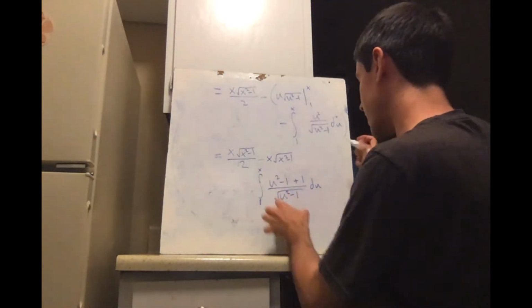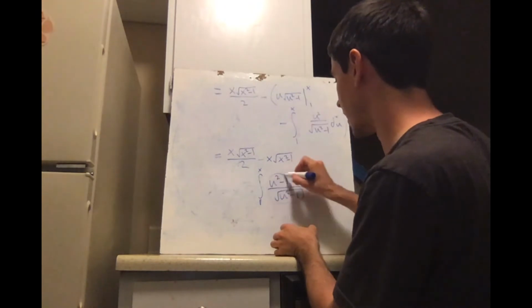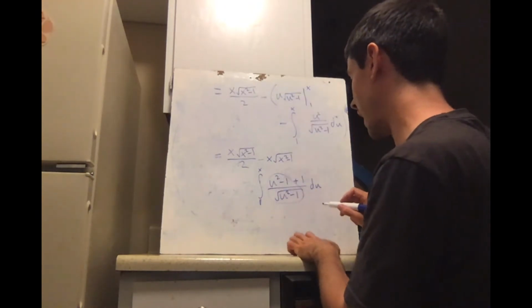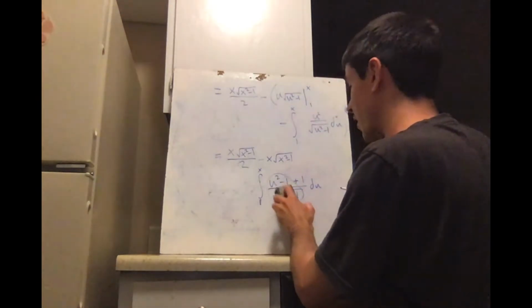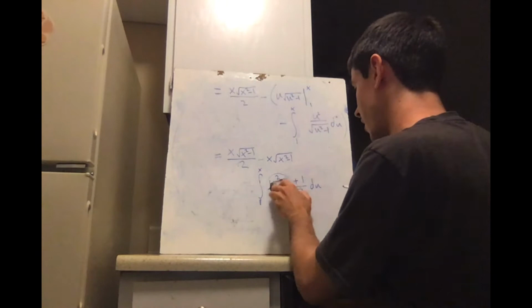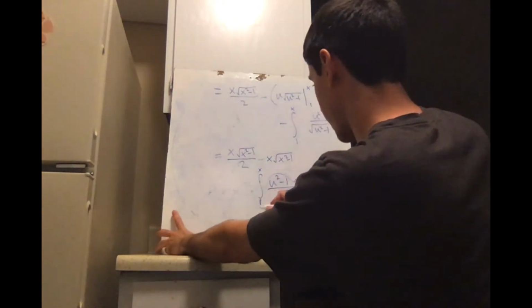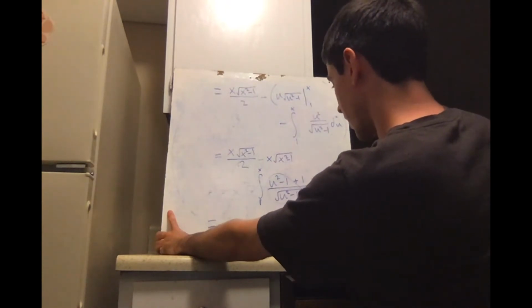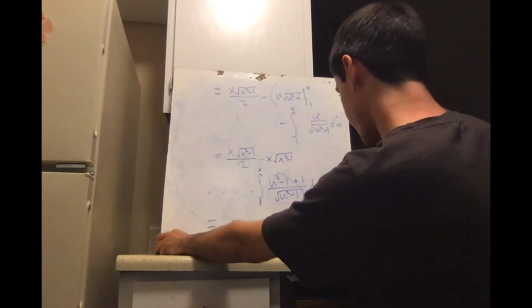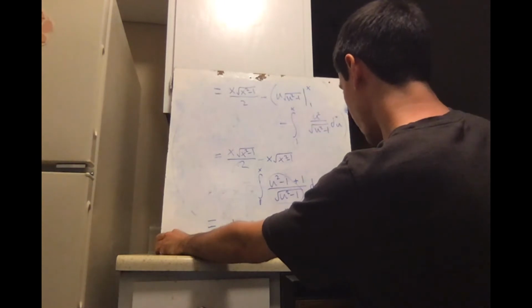We've done that because this term right here can be replaced by canceling one of these square roots, and then for this integral we end up with the integral from 1 to x of the square root of u squared minus 1 plus 1 over the square root of u squared minus 1 du.